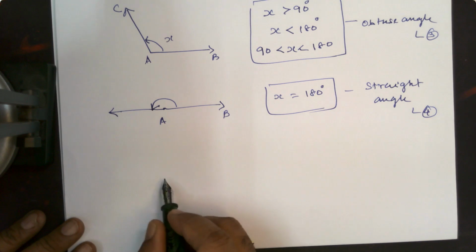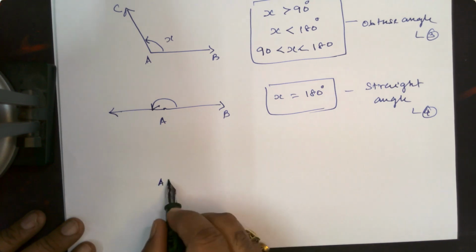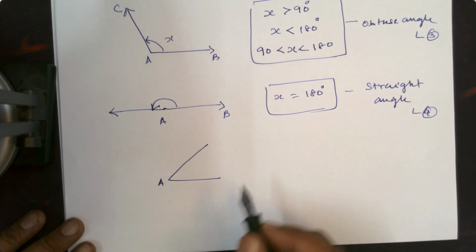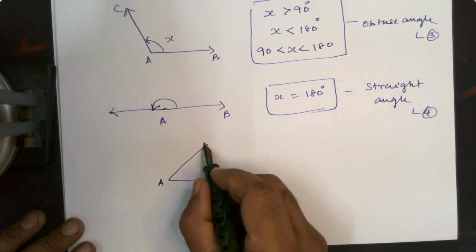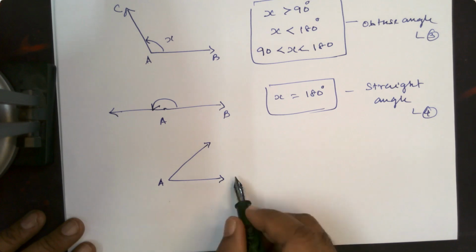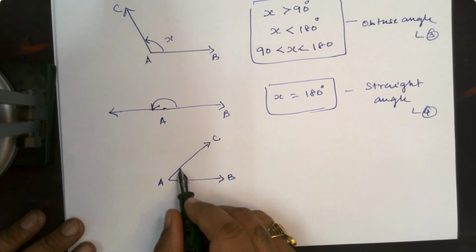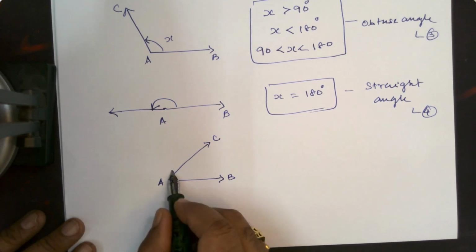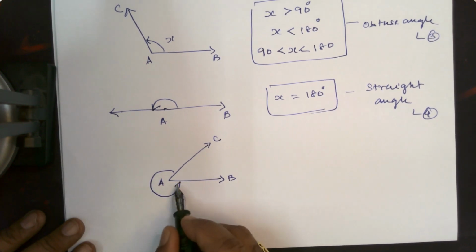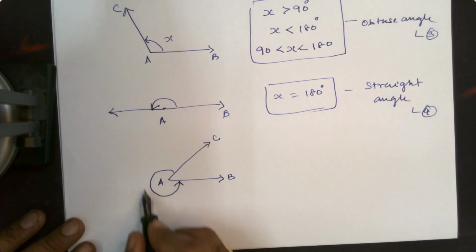Now let us consider A, the end point. We have the two arms like this. Let it be B and C. Instead of considering this angle, let me consider this angle. You should always go this angle by anti-clockwise rotation.